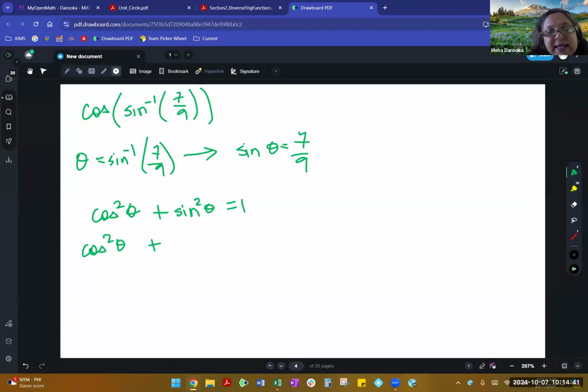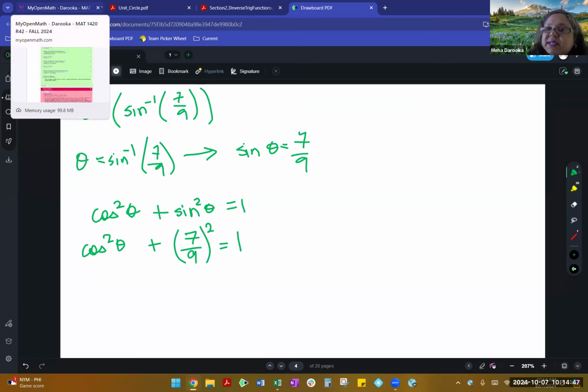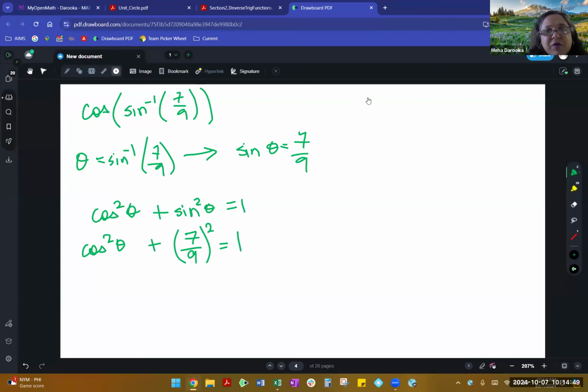We know sine is 7/9. So kind of like we had seen in that example 4, I think, you're using that same idea over here. So we've got 7/9 squared, which when you square those numbers comes out to 49/81, plus cosine squared theta is equal to 1.